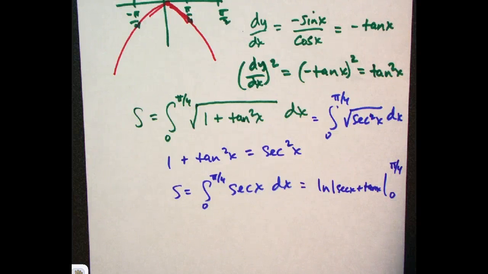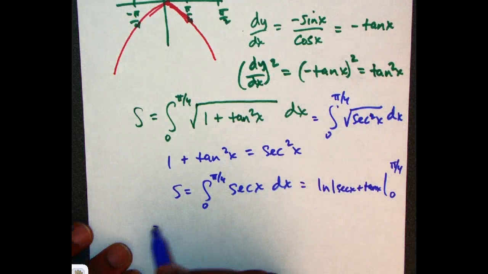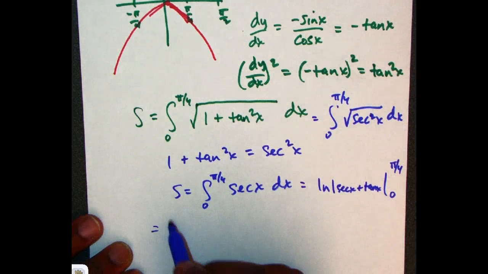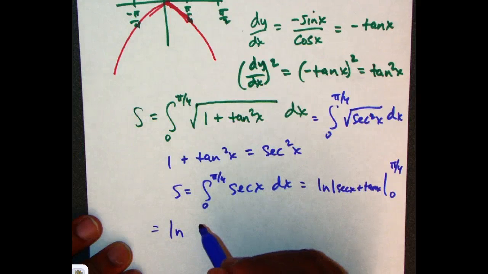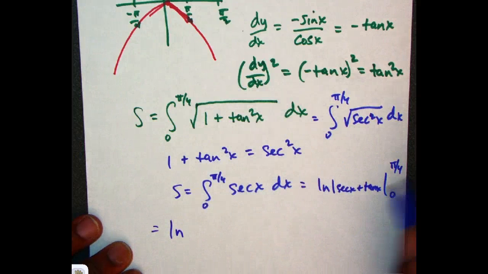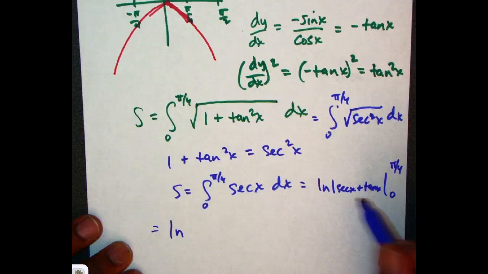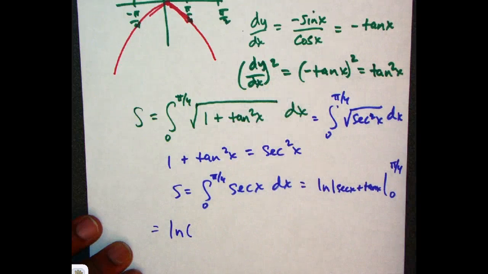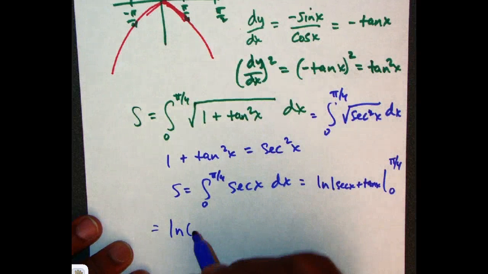So plugging in our values, this is natural log, let's see, secant of pi over 4 is, well, that's 1 over the cosine of pi over 4, and cosine of pi over 4 is 1 over square root of 2, so secant of pi over 4 is square root of 2.